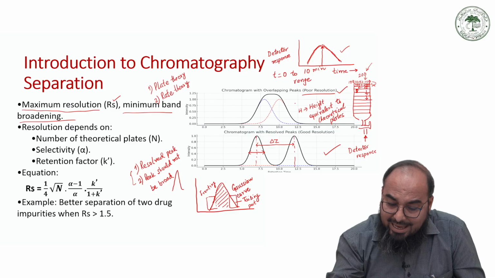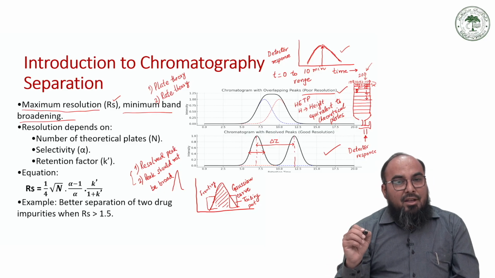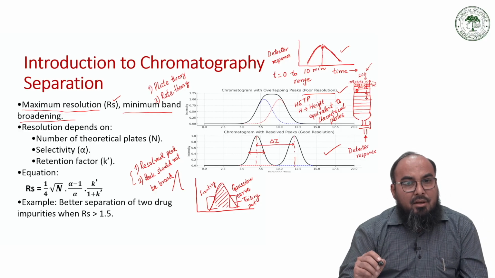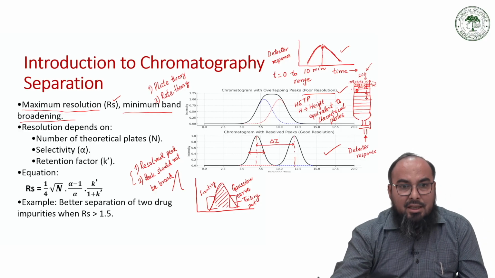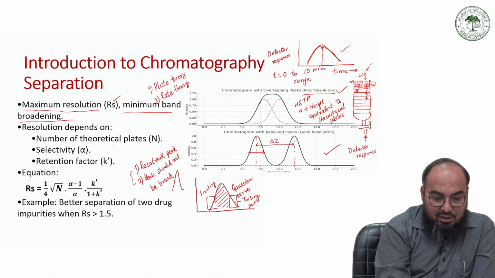Sometimes it is also written as HETP. So this packed column contains n number of theoretical plates.